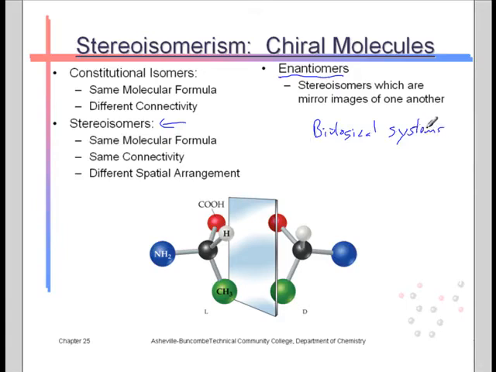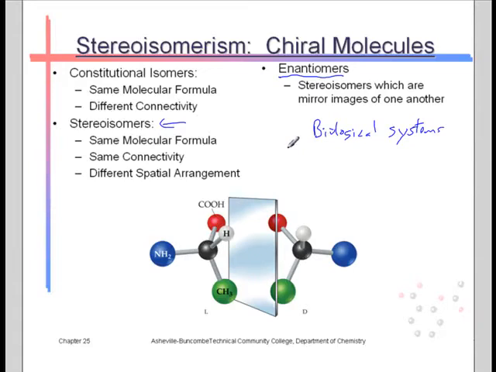Essentially, just about every molecule in your body is some kind of enantiomer. And this topic of stereoisomerism plays a very important role in the biological sciences and in allowing some of the chemical reactions that you see in your body.